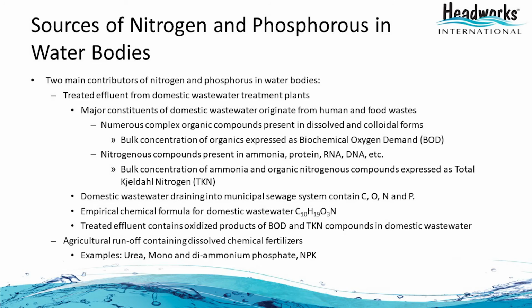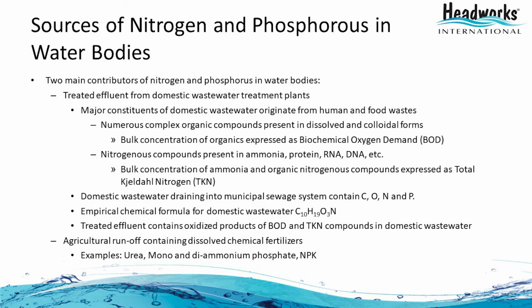And then there are nitrogenous compounds present in ammonia, protein, RNA, DNA, etc., in food waste and also human waste. The bulk concentration of ammonia and organic nitrogenous compounds is expressed as total Kjeldahl nitrogen, or TKN.